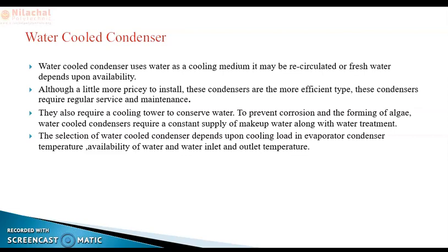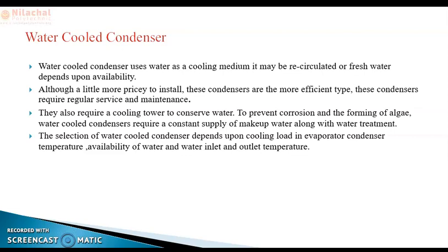This water-cooled condenser is more efficient than the air condenser because water has more heat carrying capacity. It will absorb more heat than air. For that reason, the water-cooled condenser is more efficient than other types of condenser like the air condenser.